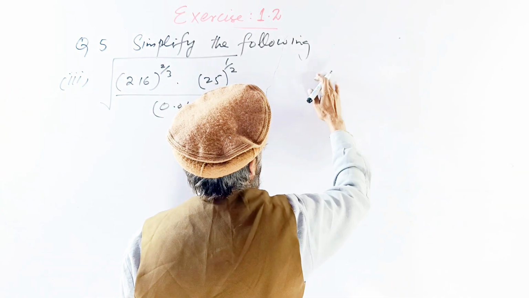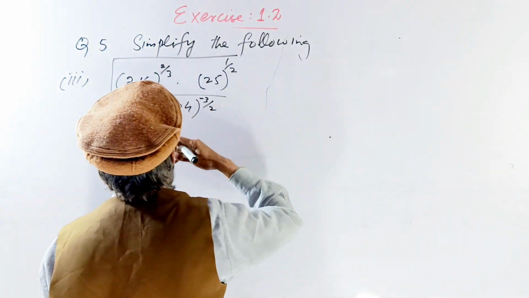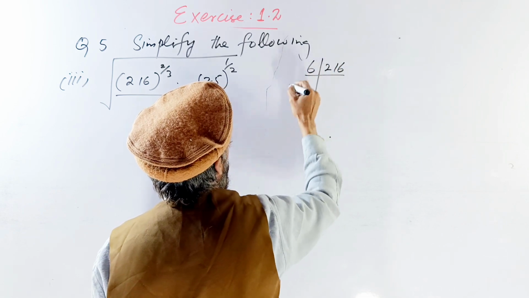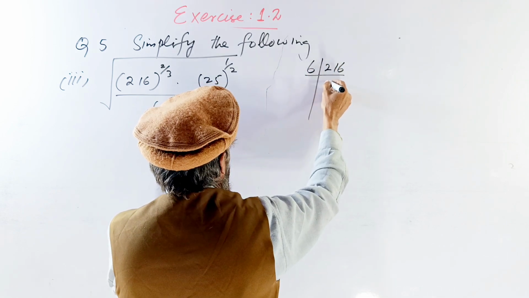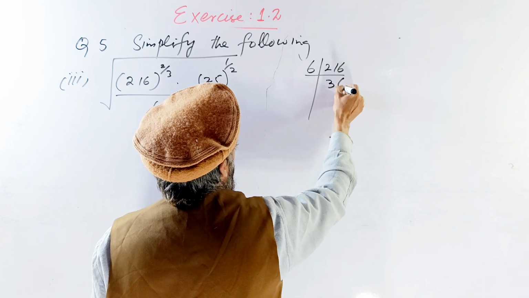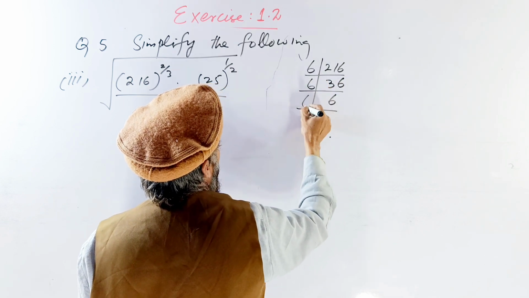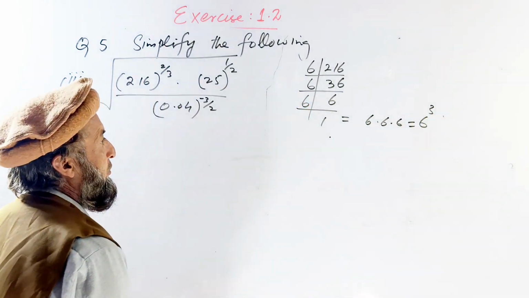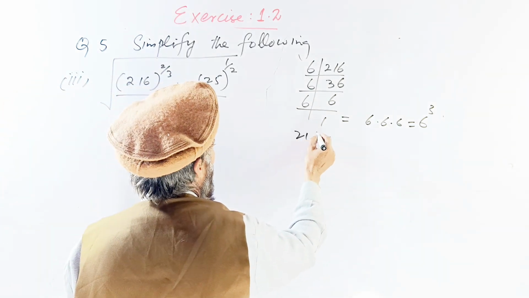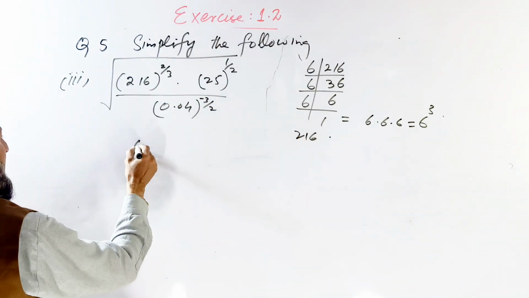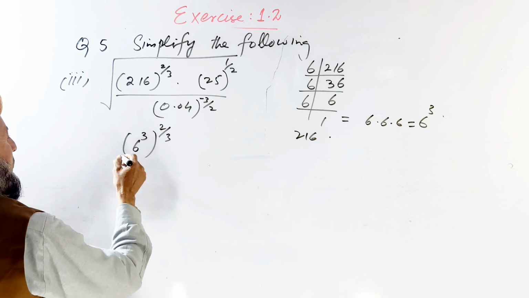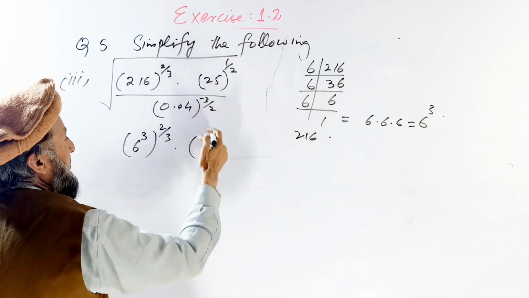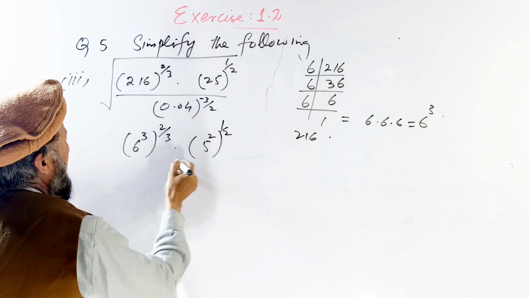So it means that this number is, if you do not understand this one, you will check this one. So 216 we can write here, and this number is 6 into 6 into 6, we get 6 power 3, we get 216. So it means that 6 power 3 into, here denominator is 2, it means that this number is available. If 2 times is multiplied, we get 1 by 2.